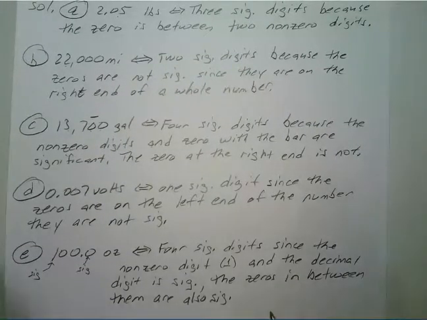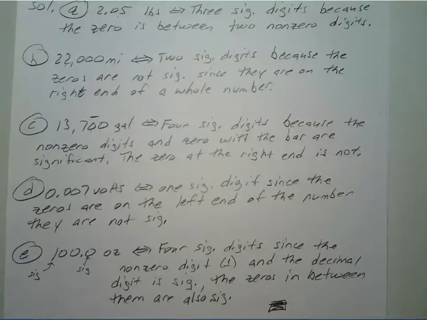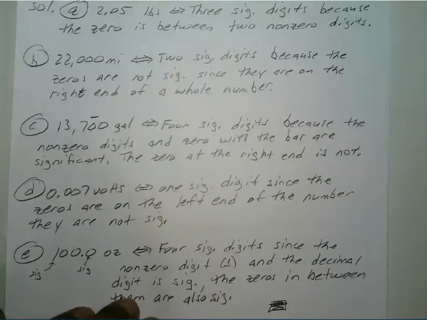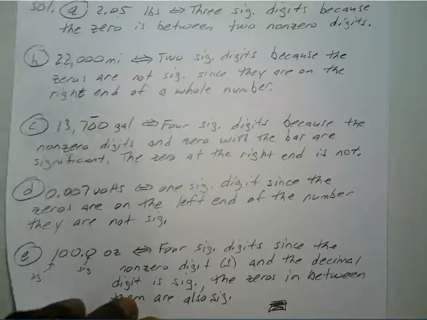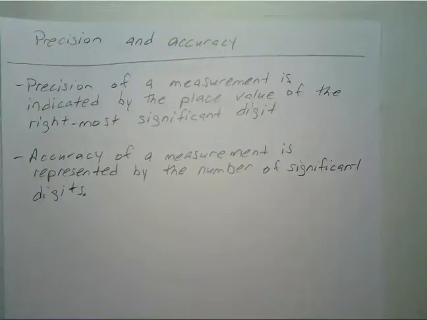All right. So again, it takes a little bit of practice. If you are still writing this, of course, feel free to press pause, but we're going to go ahead and move over to our next portion, which covers precision and accuracy.